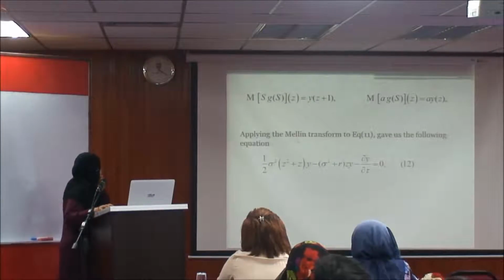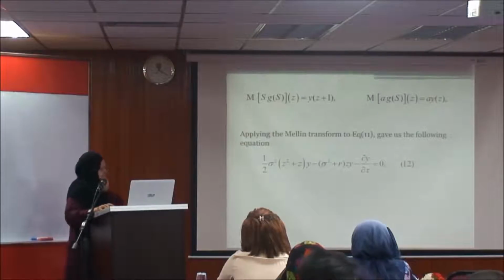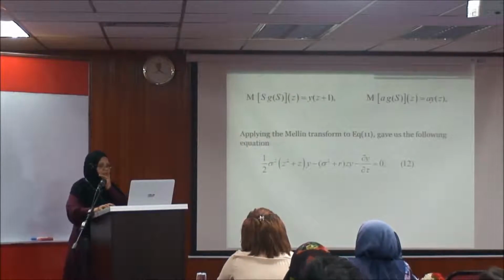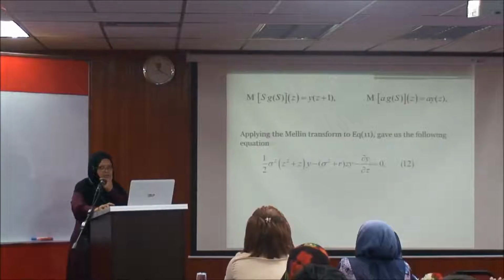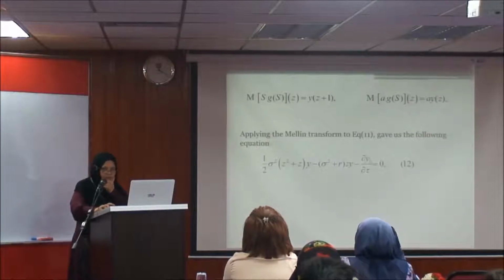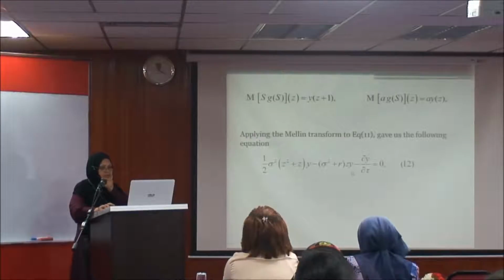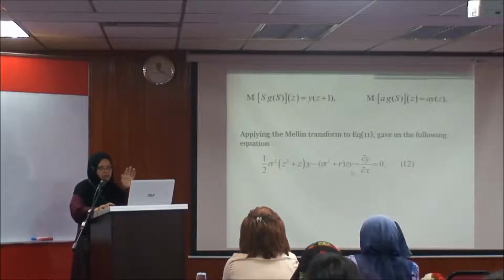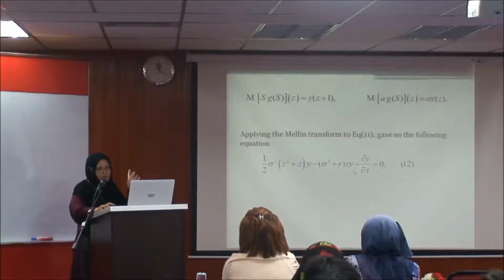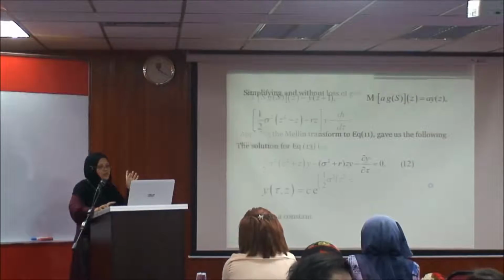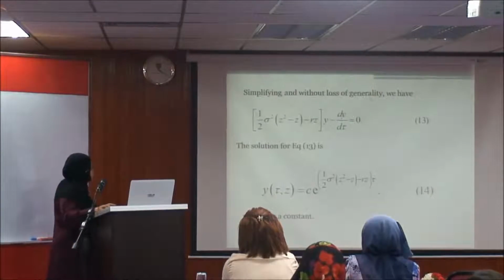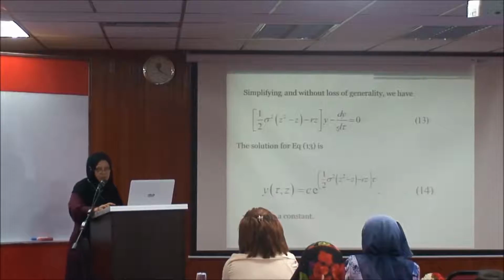So after applying the Mellin transform to equation 7, we will get this one, whereby we know that y is a function with respect to tau and z. But here we can see that z is not on any differential operation. So simplifying and without loss of generality, we have this ODE.